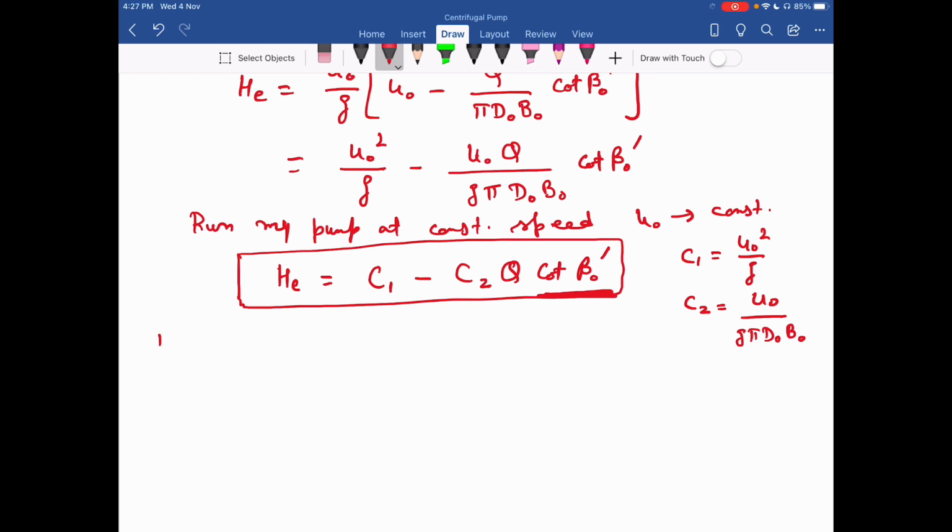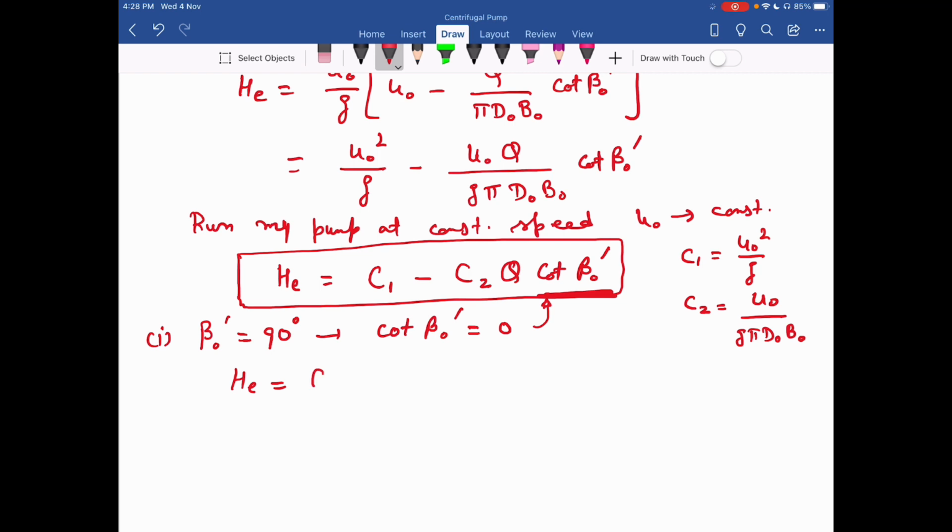So you see case 1, when my beta_o dash is equal to, not 0, it is 90 degree. Beta_o dash equal to 90 degree. In that case, cot of beta_o dash becomes 0. So that means for radial vane, now you can put this value into the above equation and write for Euler head.